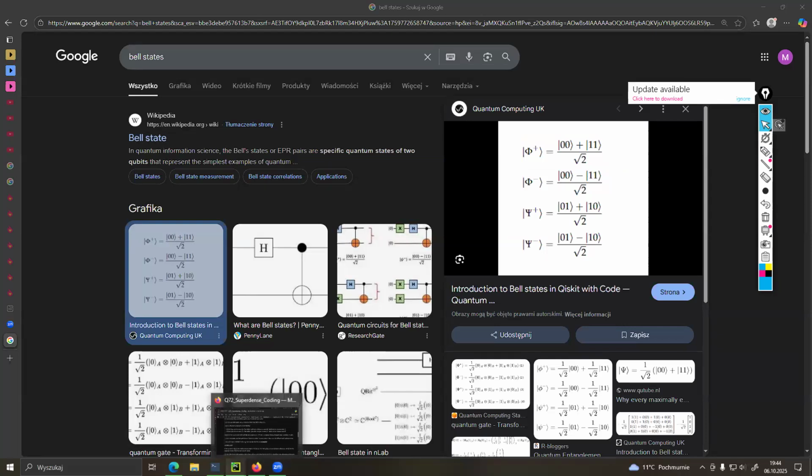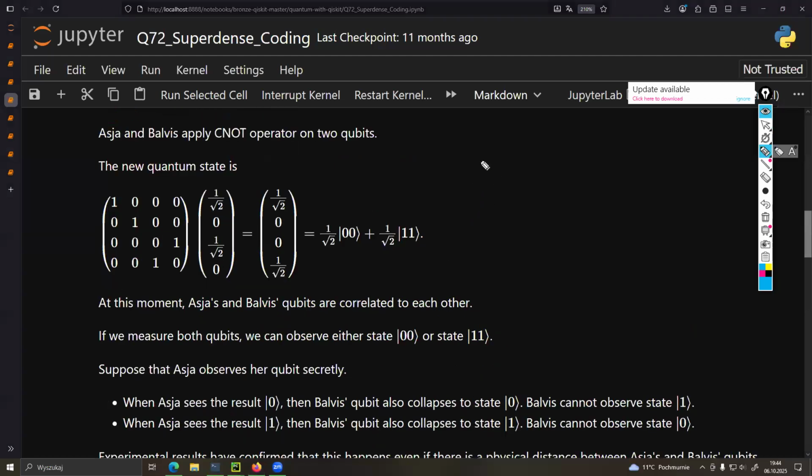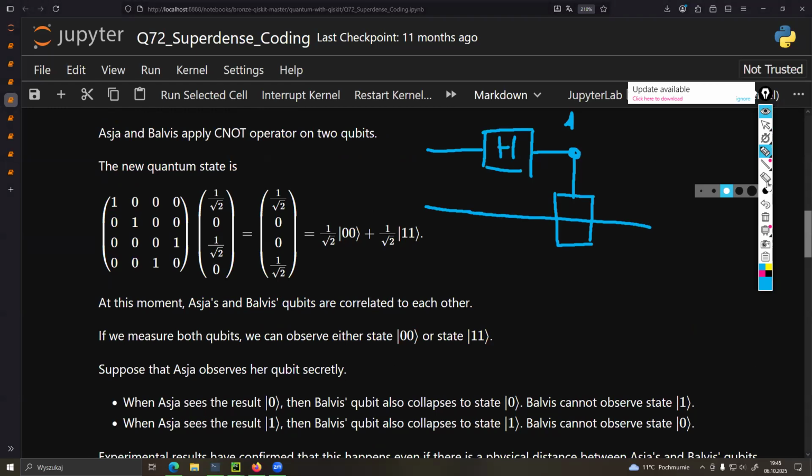Well, it is quite easily done. When we have two qubits, we usually want to apply an H on one of them, and then to entangle them, when this is a 1, we will apply a conditional instruction so that this also will be 1.